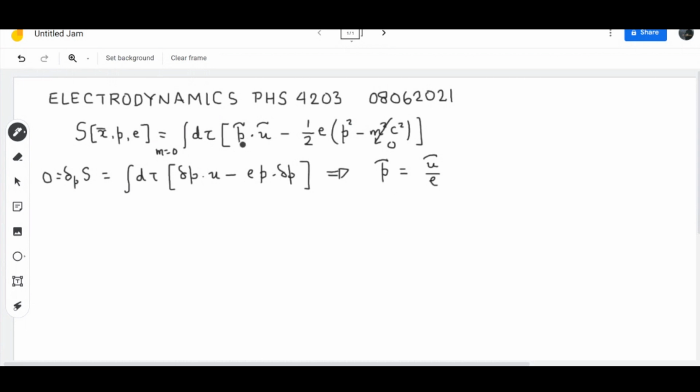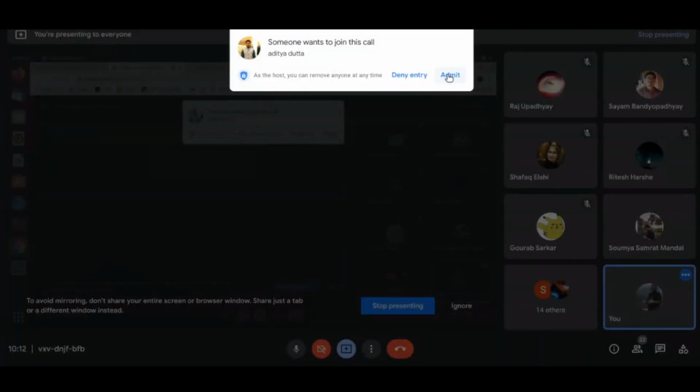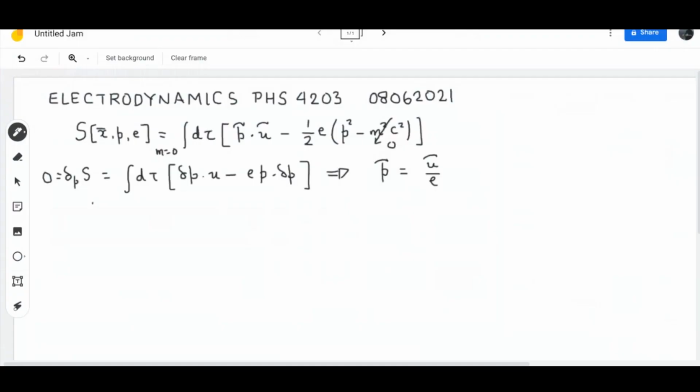Okay, so I plug that back in here and also here, and from here I get my action S1, let us say, which is now a functional of only x bar and E. So this becomes just half integral d tau E inverse u squared.